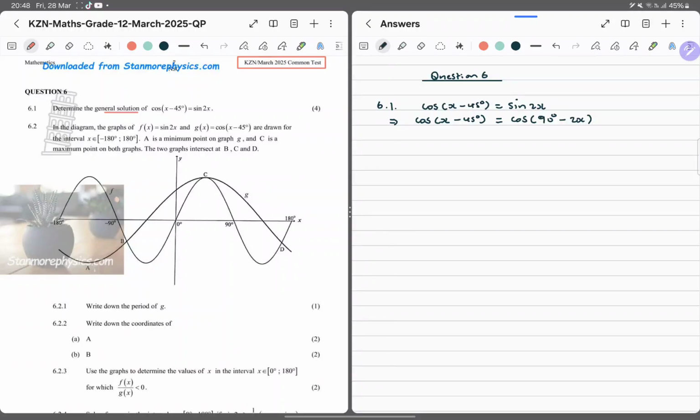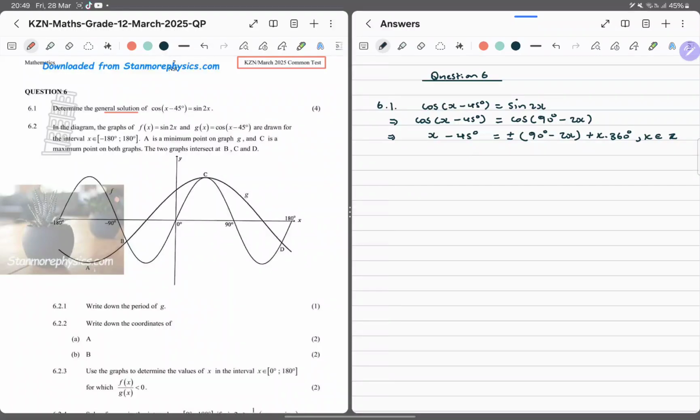Okay, now that everything is in terms of cos, it means those two angles are the same. So we can say x minus 45 degrees is equal to plus or minus, keep this one in brackets, (90 degrees minus 2x), plus k times 360 degrees, where k is an element of integers.